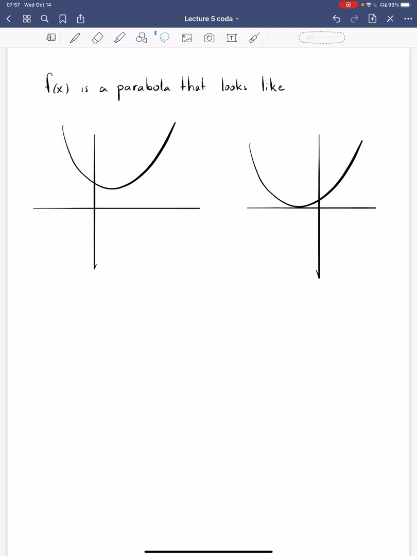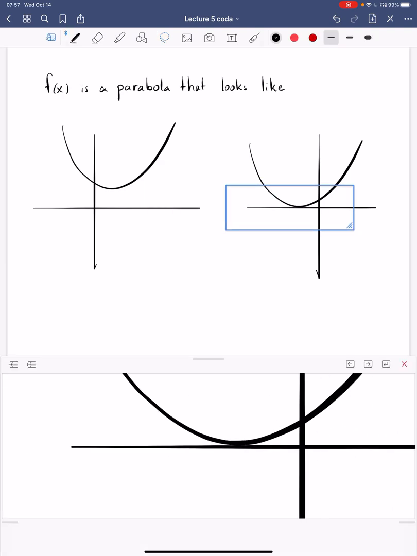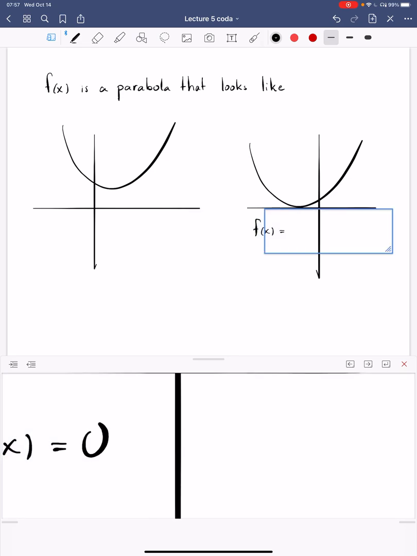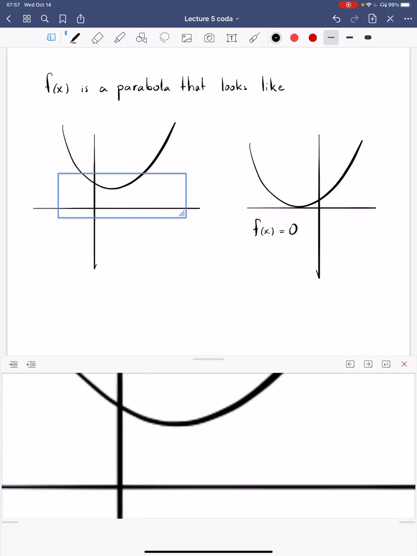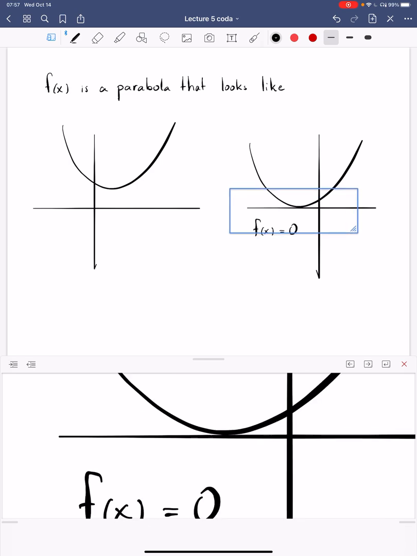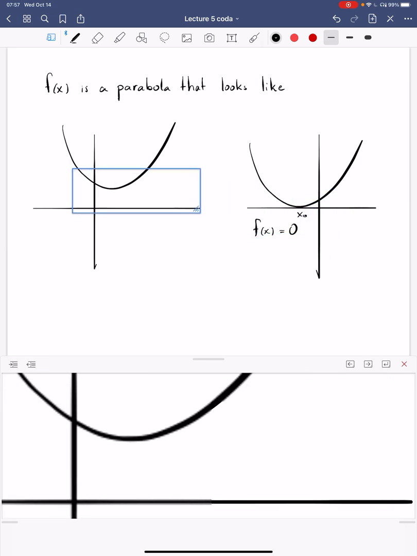It can't dip below it. How do you differentiate between these two cases? This possible tangent point is the solution of f of x equals 0. This case says that the equation has exactly one solution, let's call it x0, and this case says that there is no solution to the equation f of x equals 0.